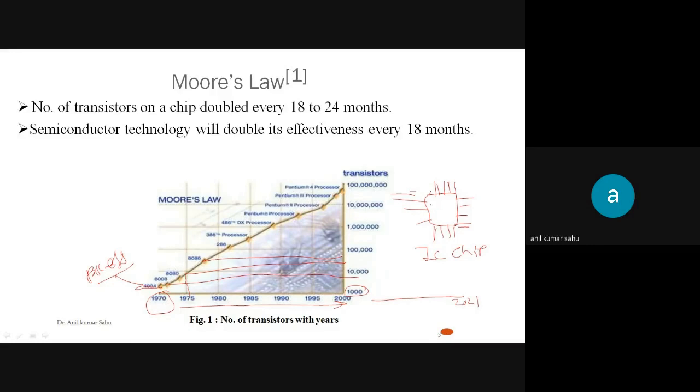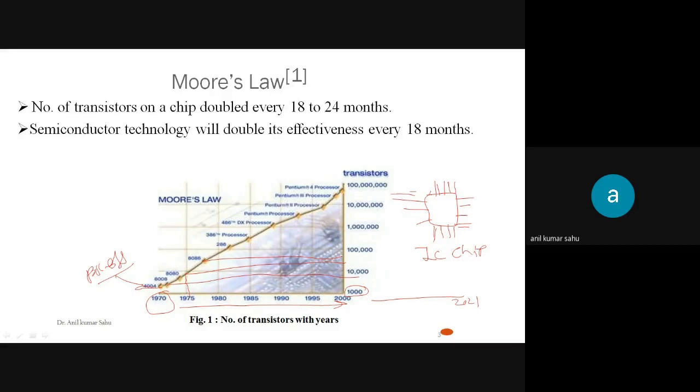So how this chip density increases can be predicted by how the number of transistors increases every 18 months or 24 months. 18 months means approximately 1.5 years, and 24 months means exactly 2 years.